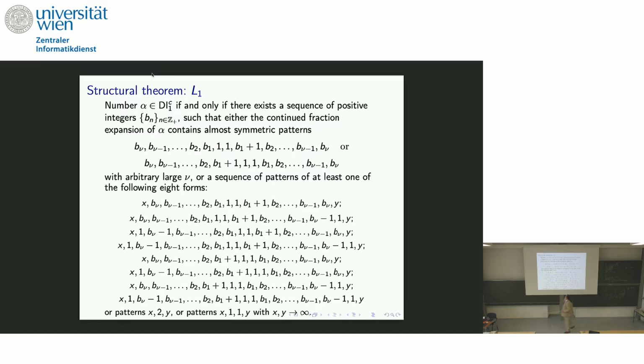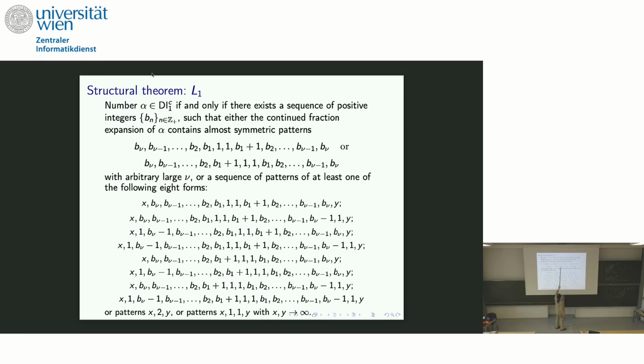Well, to have a non-Dirichlet improvable number, you need to have in the continued fraction expansion for alpha something like a palindrome. So here you should take something like this.